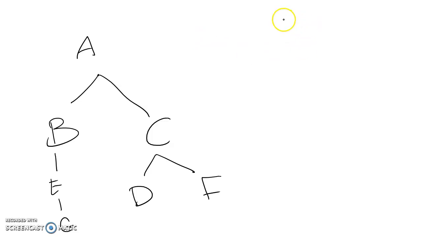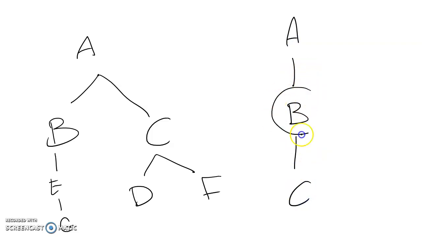In other words, we will get something like this: A, and here we have B, and here we have C. In syntactic books, they sometimes call the intervening node G. So suppose that we have A, G, and C. G is called the intervening node. It comes in between A and C. I can say simply that A dominates G and C.